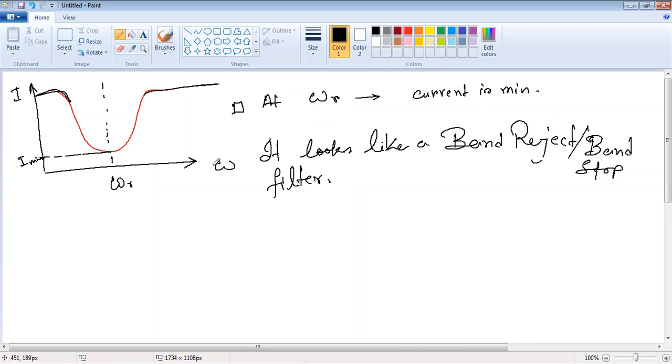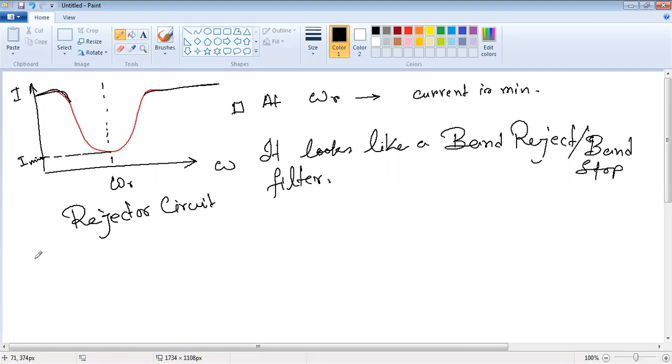That's why this is called a rejector circuit. And the series RLC circuit is called the selector circuit because it passes the particular band. Okay, just remember this thing.